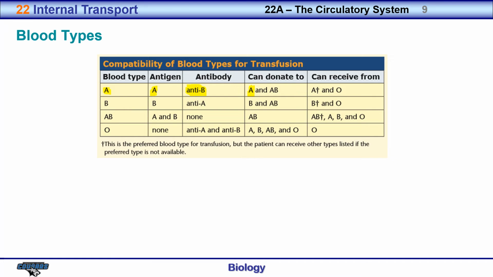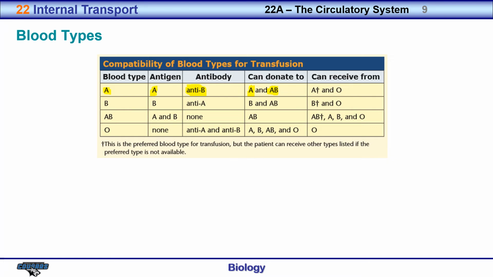And then somebody with blood type AB, if you remember, has both antigens, so it has no antibodies, so it won't attack any blood. So a person with blood type A can donate blood to a person with type A or type AB.